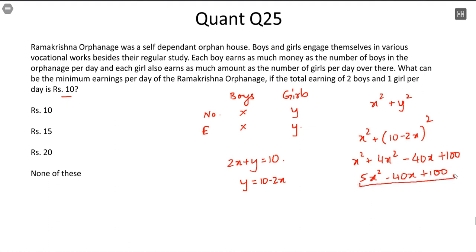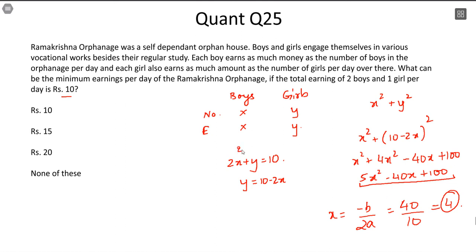Now this is a quadratic in x. The minima will be at minus b by 2a, when x is equal to minus b by 2a, or 40 by 10. So minima will be at x equal to 4.